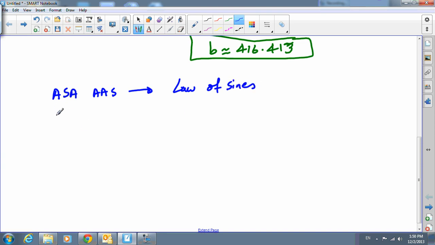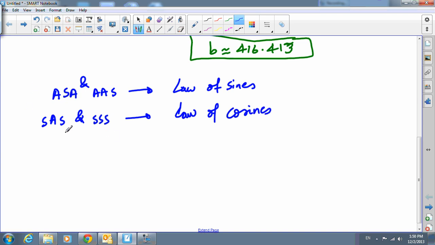Compared to the one you looked at yesterday, the law of cosines will be used for side angle side and also side side side. Note that these will give me always unique triangles.